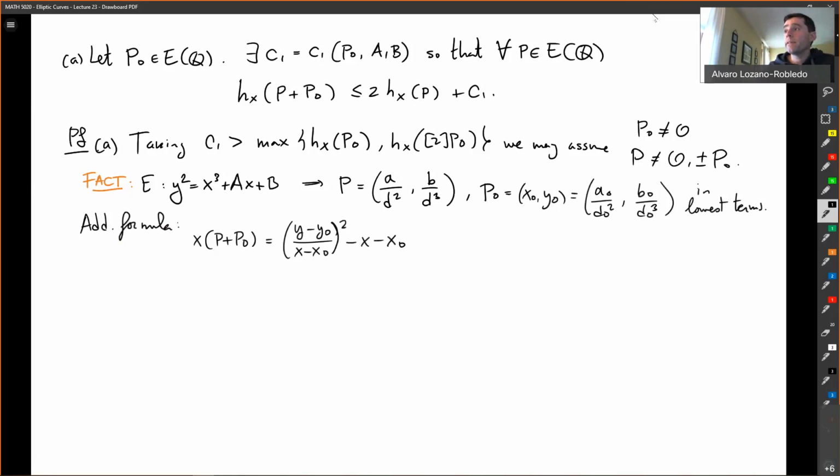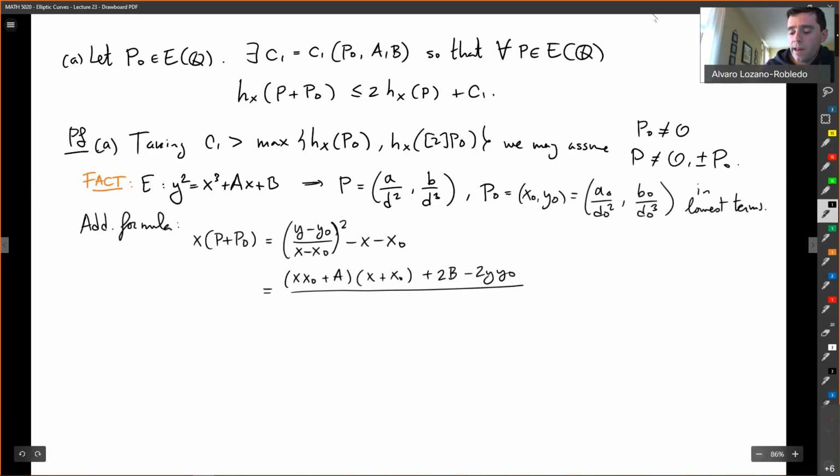Okay, and if you expand this, this is (x x naught times (x plus x naught) plus 2b minus 2y y naught) over (x minus x naught) squared.